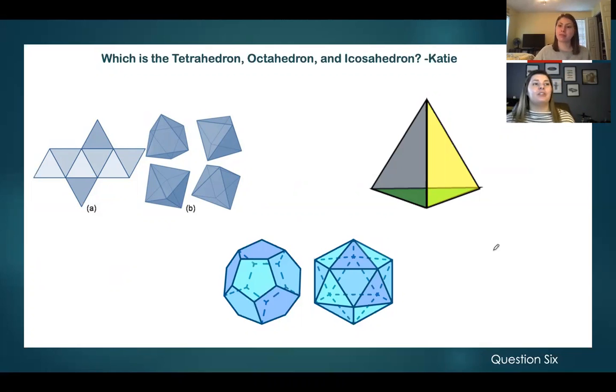For me, anytime I'm given any kind of list and have to decide which is which, I'm immediately going to write down the facts. What do I know for a fact? Whenever you asked me this question, the first thing I saw was right here where it says octahedron. Octa, when I think of octa, I think of an octopus with 8 legs, right?